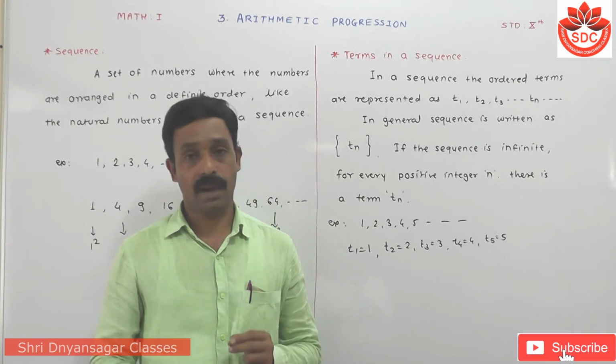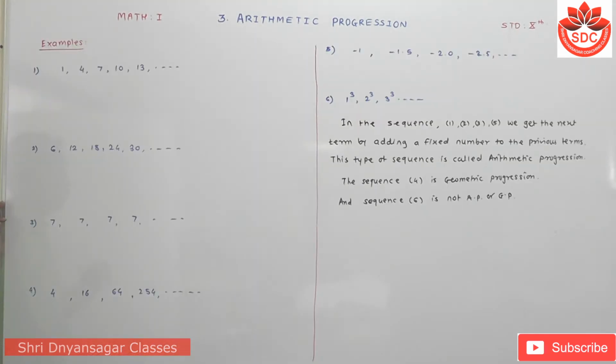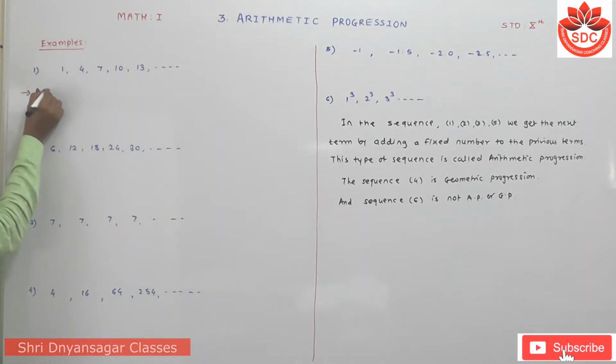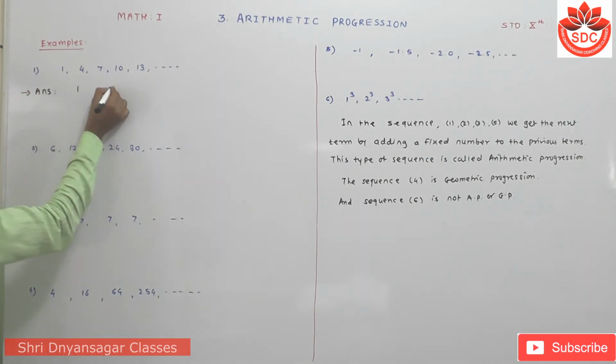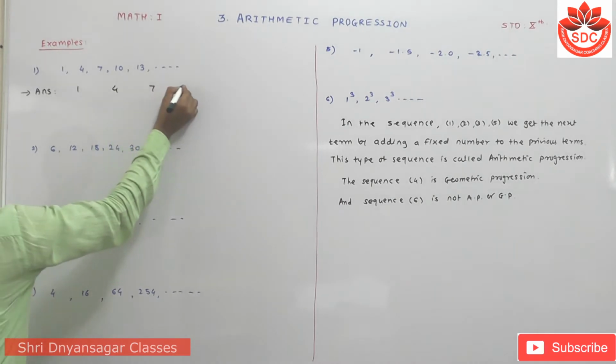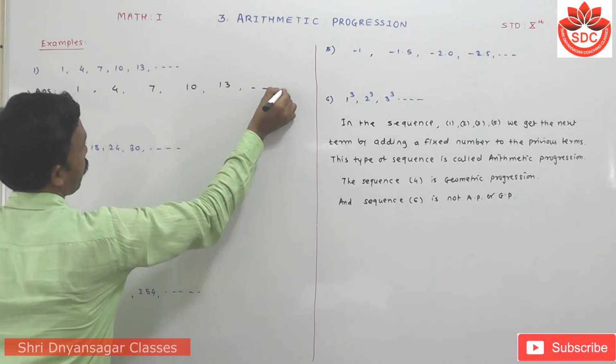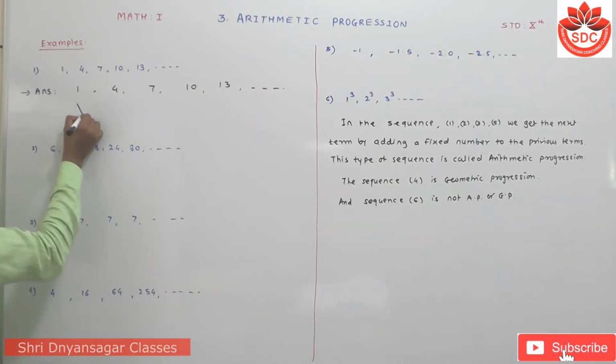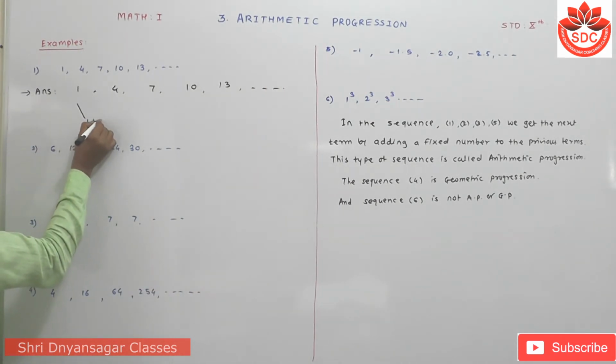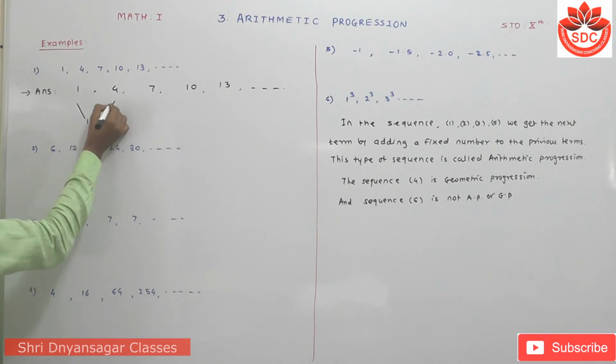Let's study the next examples. Example one is 1, 4, 7, 10, 13, etc. When we observe carefully, if we add 3 to 1, it becomes 4.